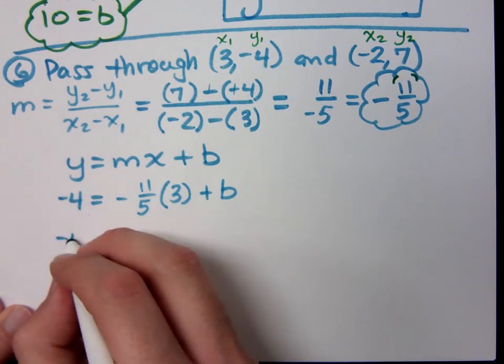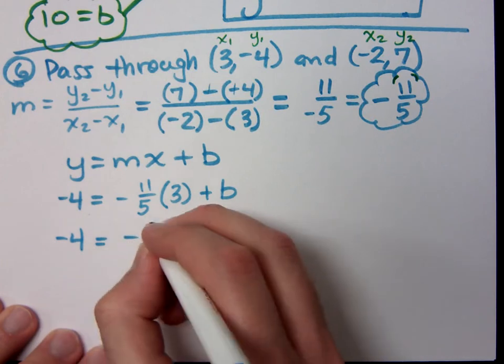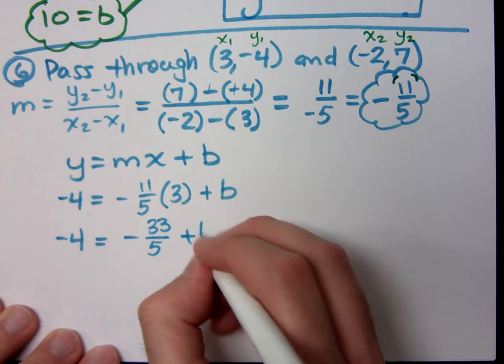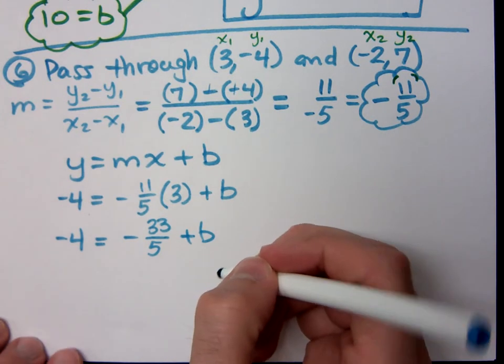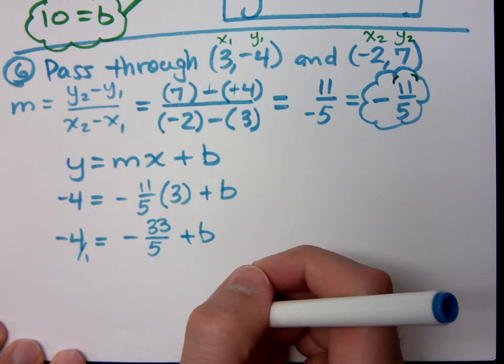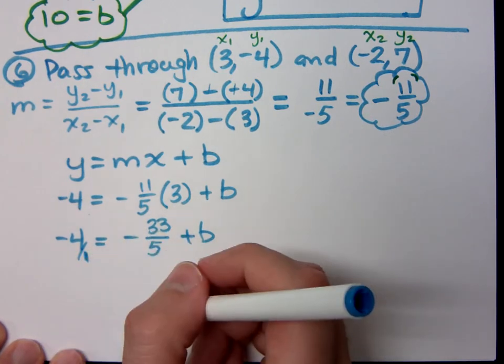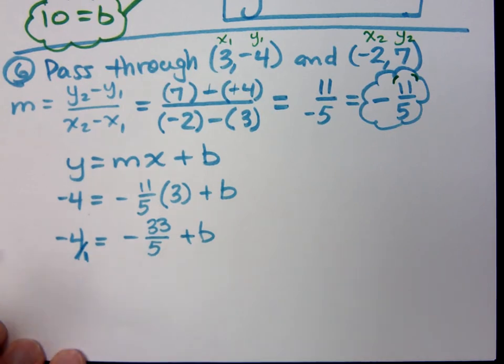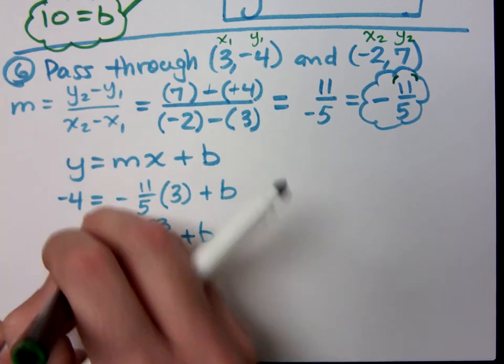So I get -4 equals negative 33 fifths plus b. How do I convert the -4 into fifths? Add negative 33 over 5 to negative 4. So it's missing a factor of what, here on the left?